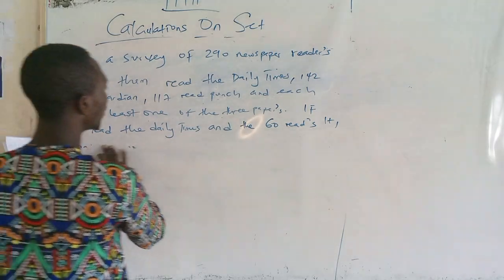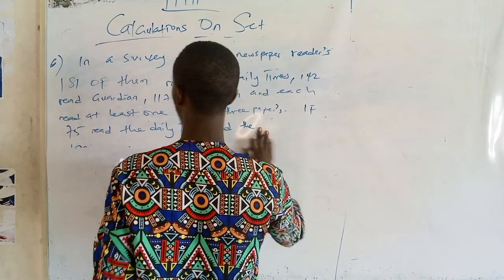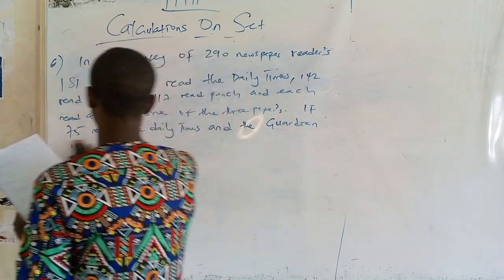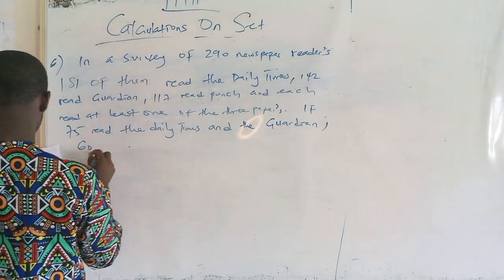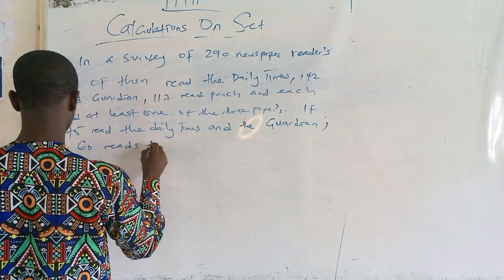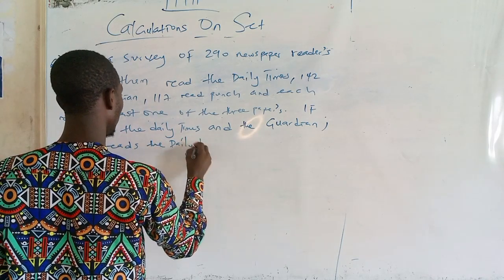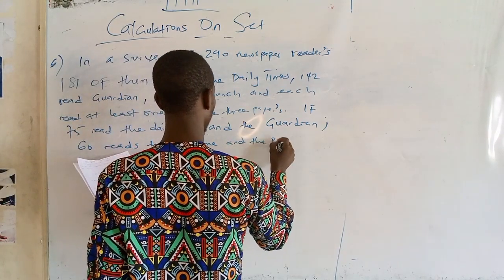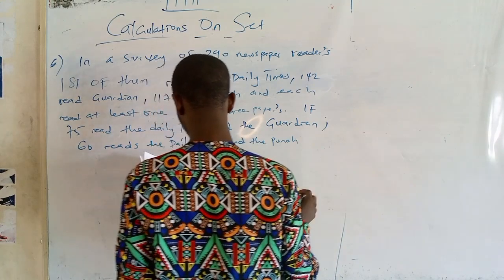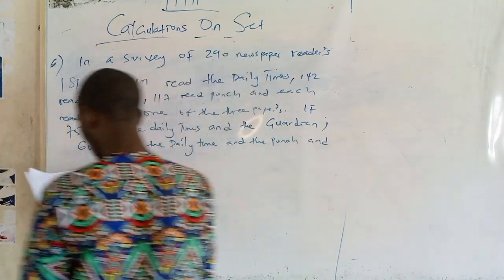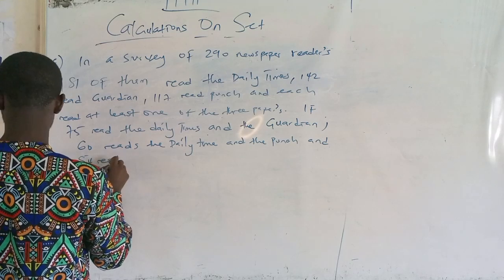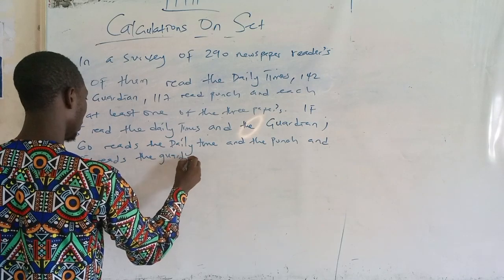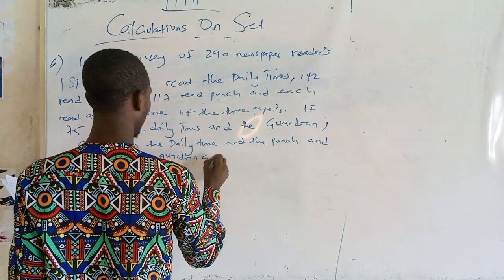Okay. If 75 read the Times and the Guardian, 60 read the Daily Times and the Punch, and 54 read the Guardian and the Punch.